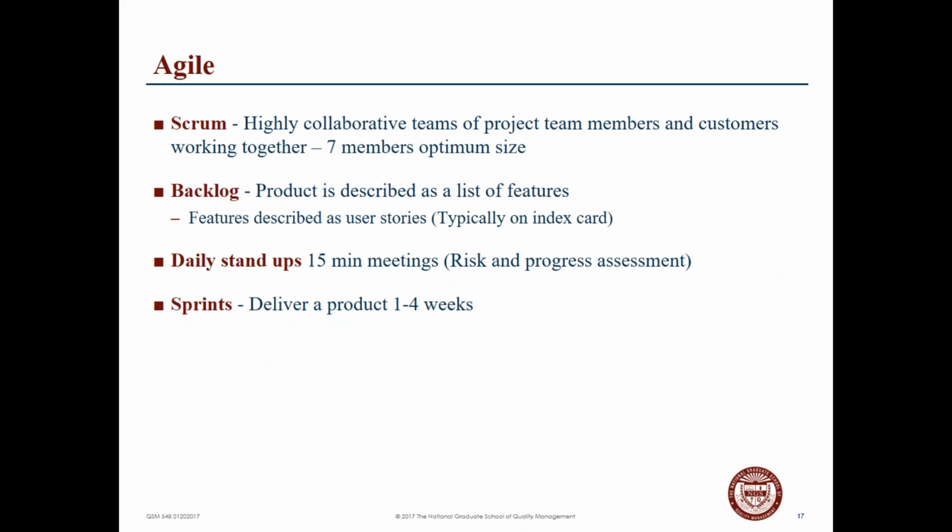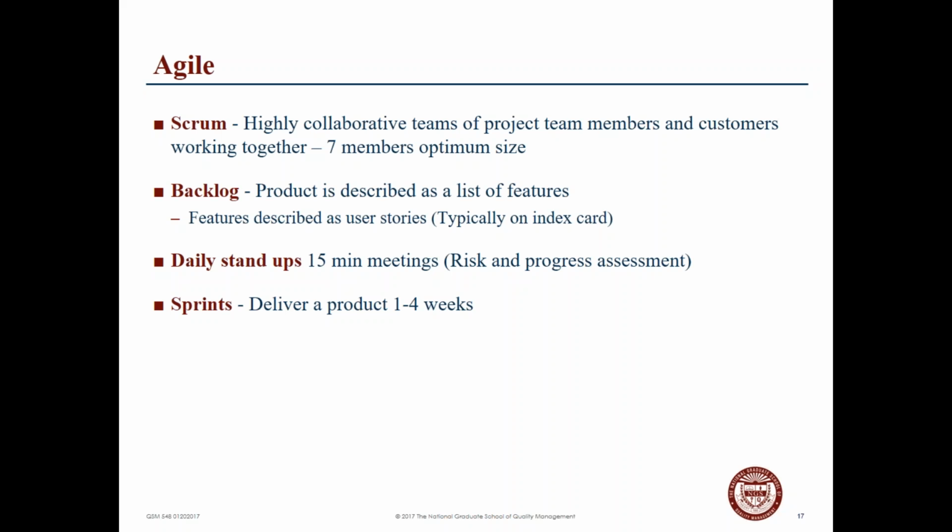So this is a Scrum is a highly collaborative team. This is a team that works well together. It's not a very large size team, 5 to 7 members is typically what we would see. The backlog are, the list of features, again, what we may be looking at, deciding what we can complete.